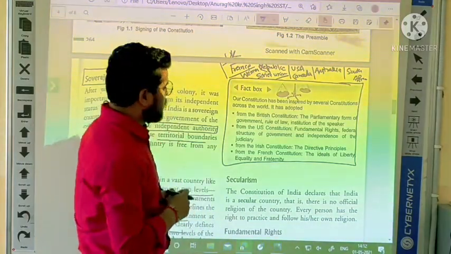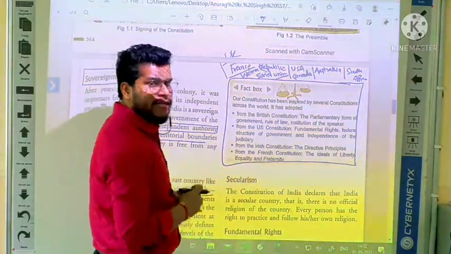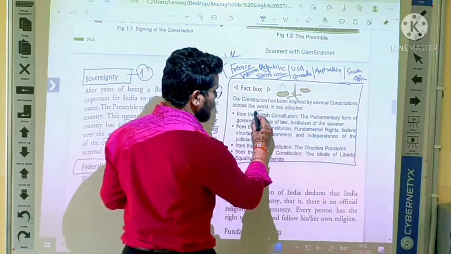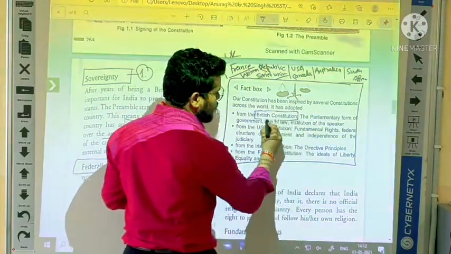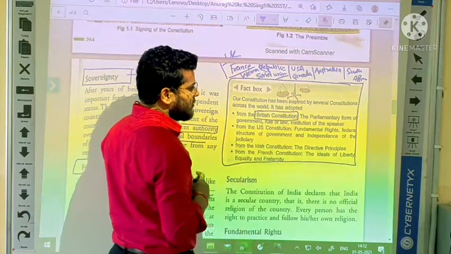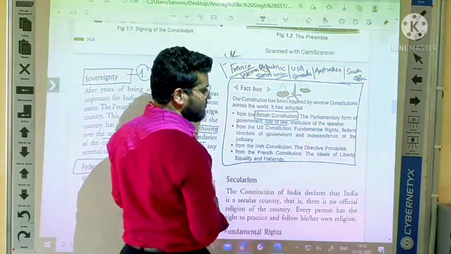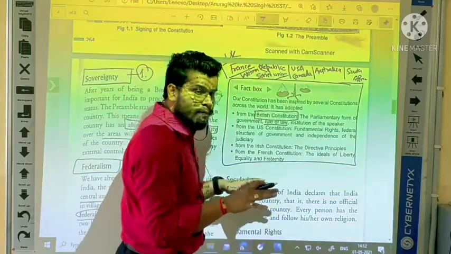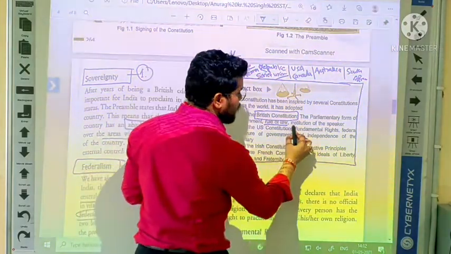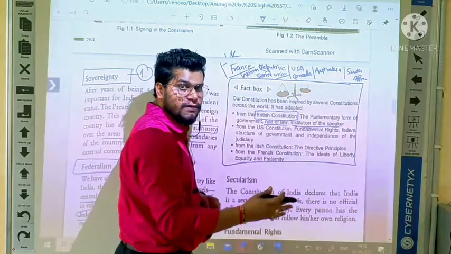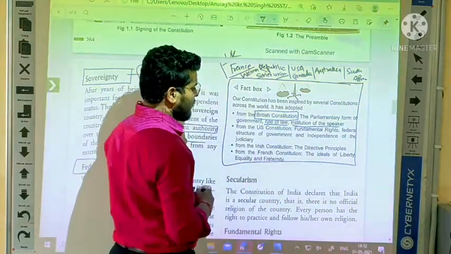For example, what did we take from the British Constitution? Yes, from the British Constitution we took the rule of law. Everyone is equal before law. The institution of a speaker in the Lok Sabha and Rajya Sabha.